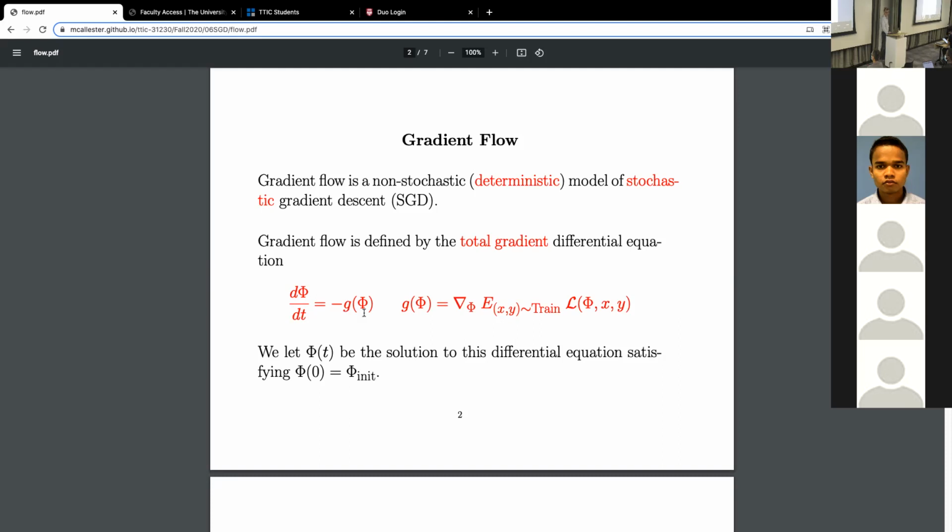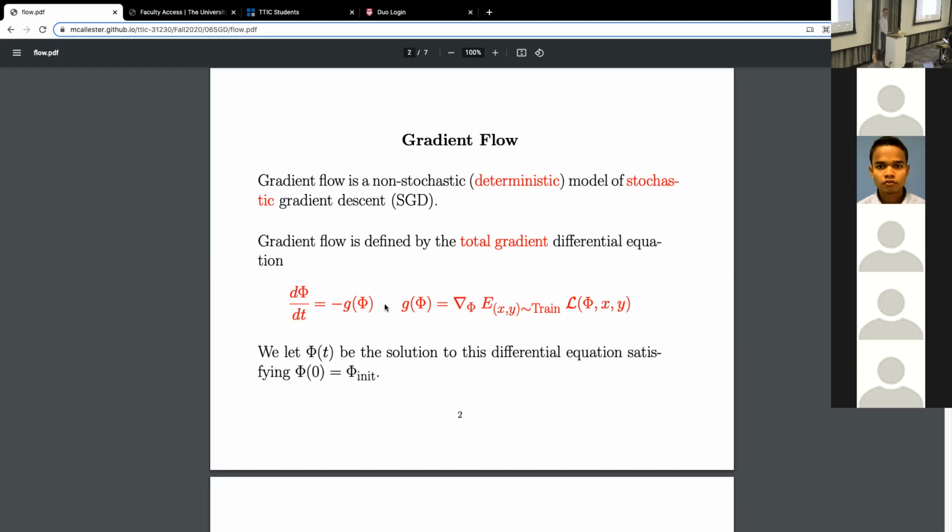And the gradient of the loss function depends on the parameter value. Right? So this is a differential equation. It has some continuous solution over time.